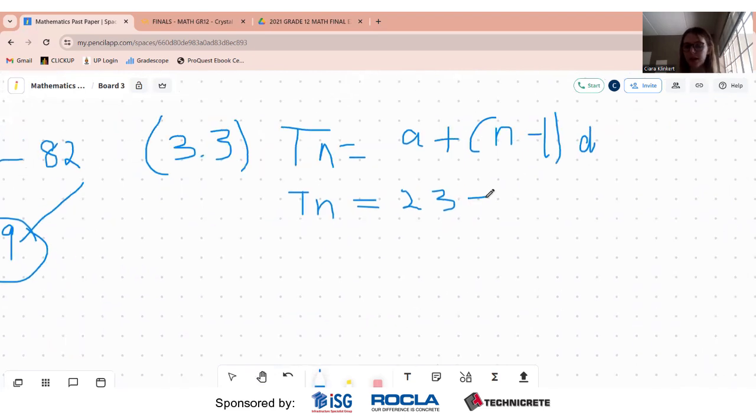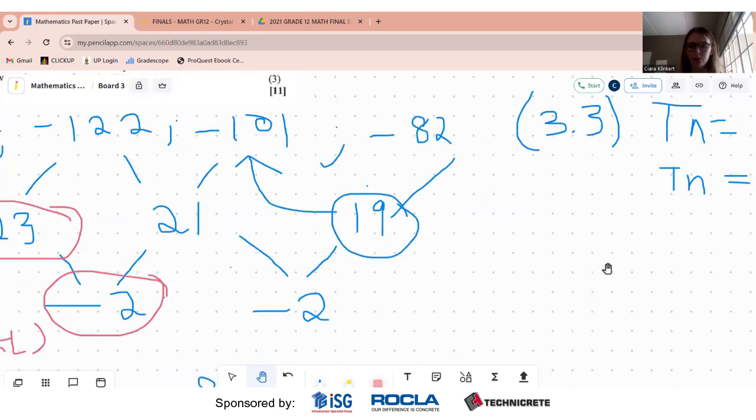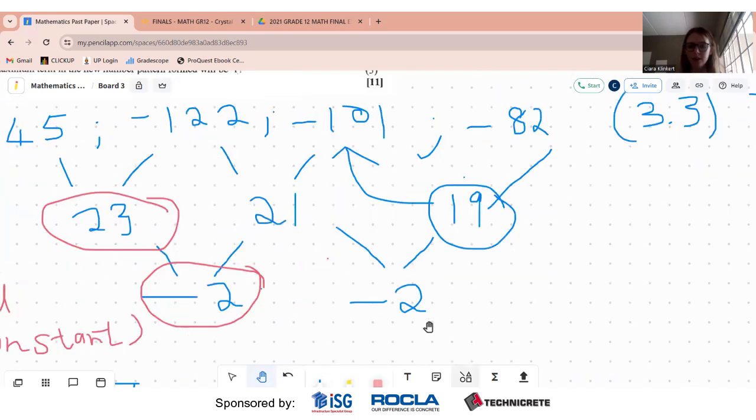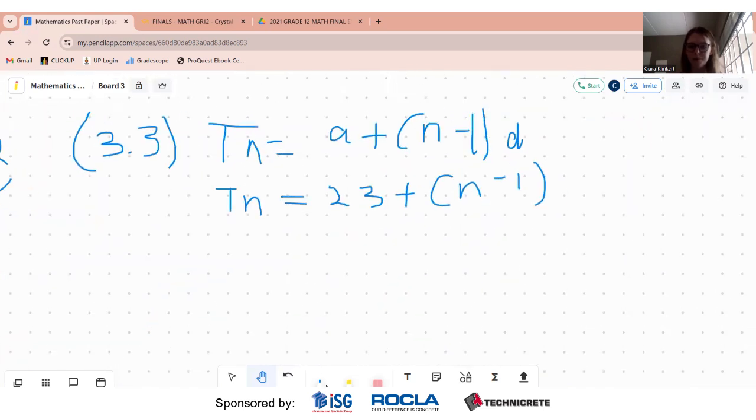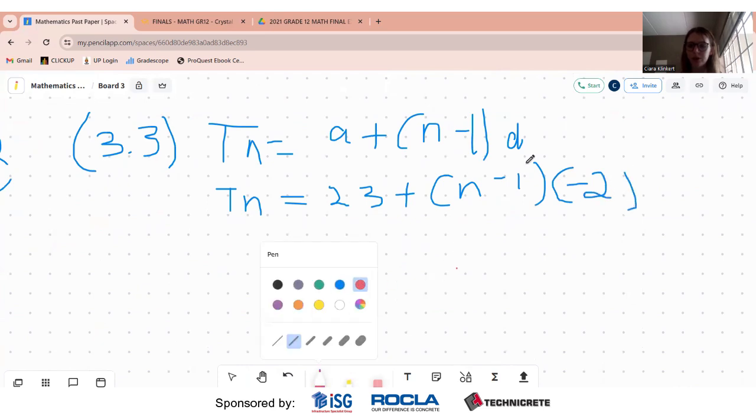Then n, I must always leave n. And then I can substitute in my constant difference, which I've already worked out. That's the second difference of the quadratic equation, so it's minus 2. You always want to simplify your general term. So I'm going to distribute this minus 2 in.